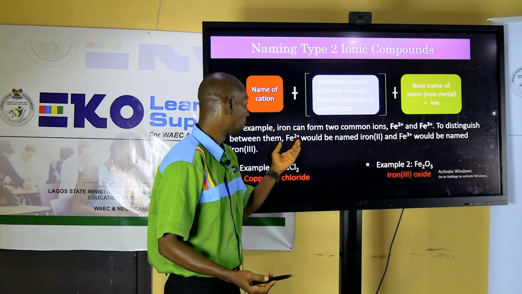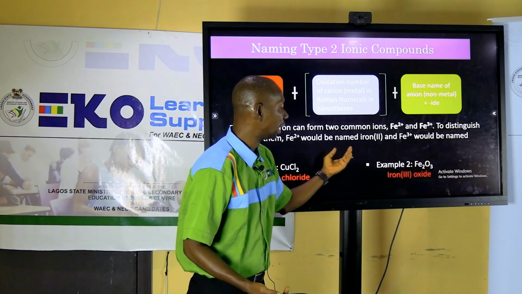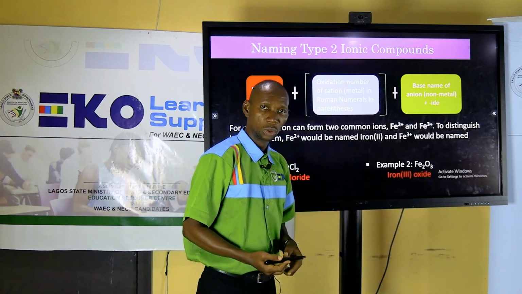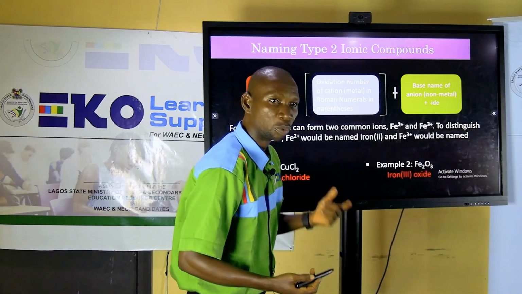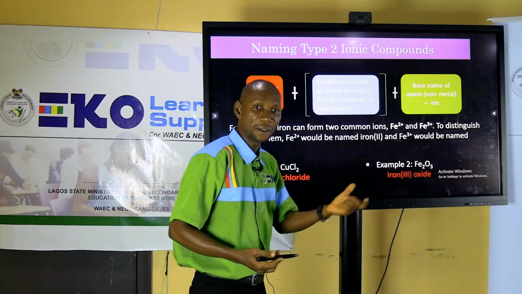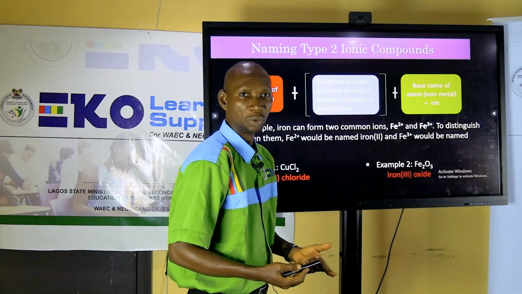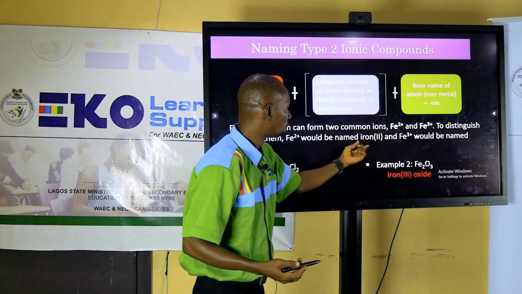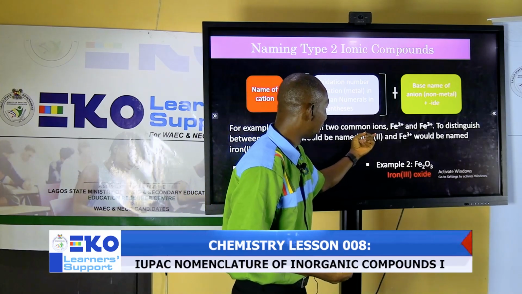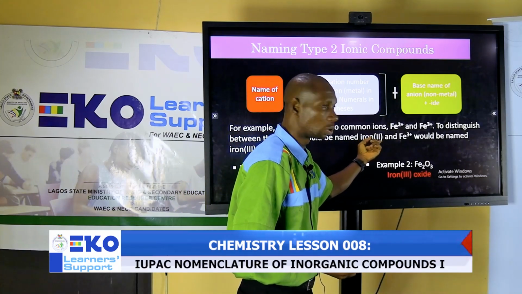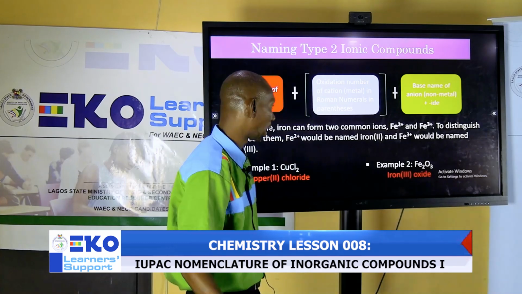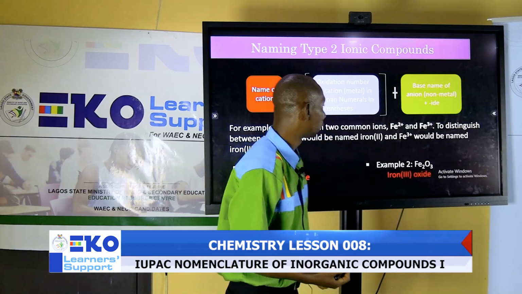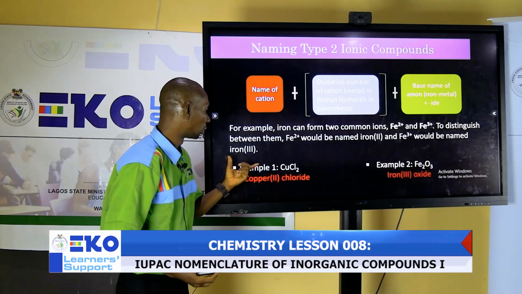So, to distinguish them, the one that has the Fe2+ charge will be named iron(II). So you can see the name and then the parentheses with a Roman numeral to indicate the charge: iron(II), while the Fe3+ will be named iron(III).